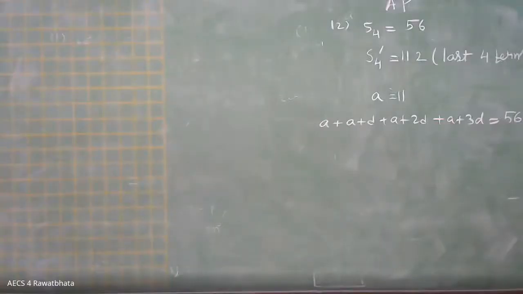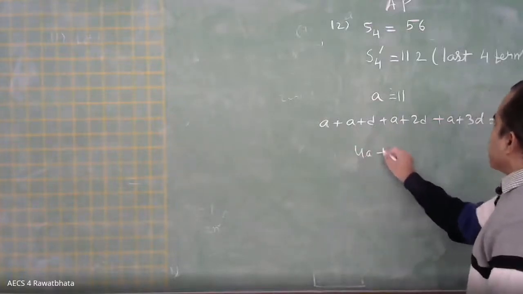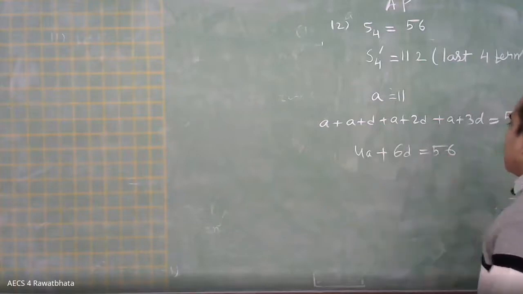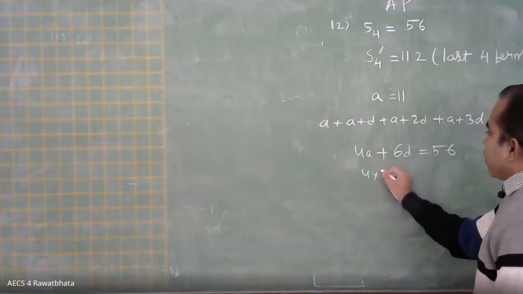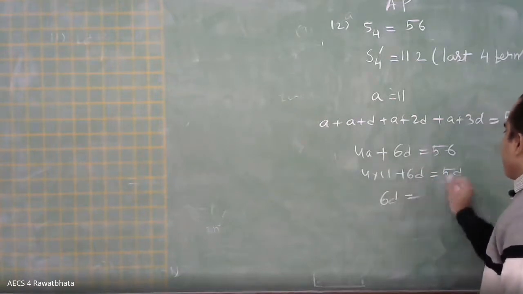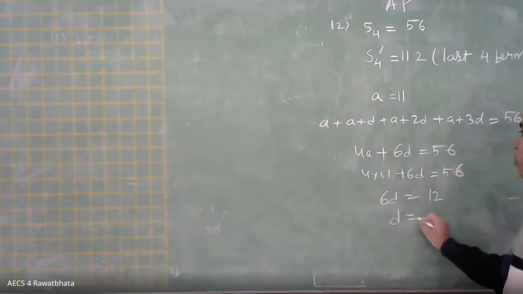A value is 11. 4A plus 6D is equal to 56. I put the value of A, 44. So here I get D. So D is how much? 56 minus 44 is 12. D is 2.